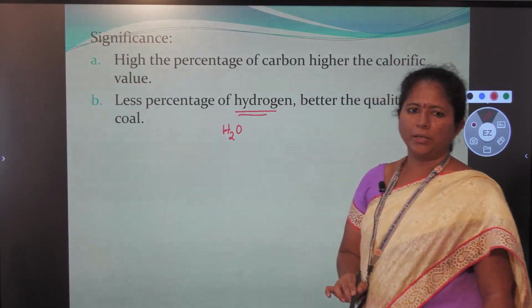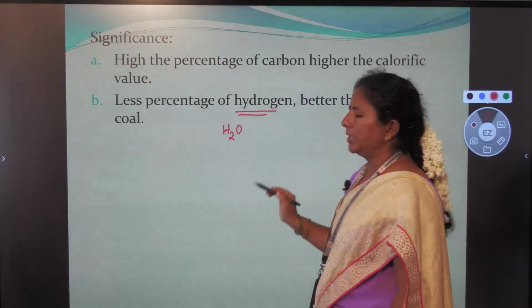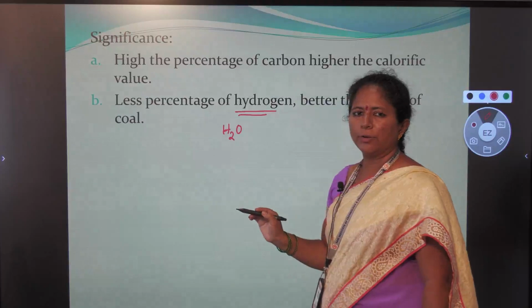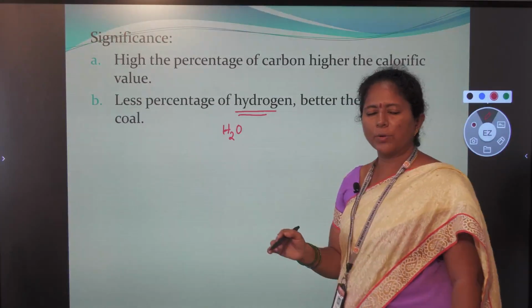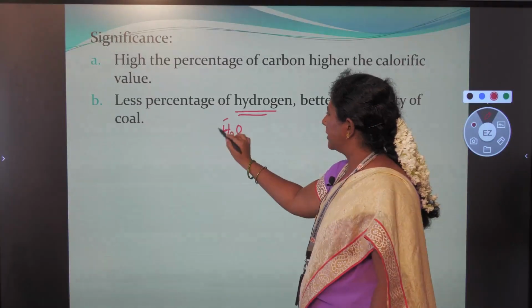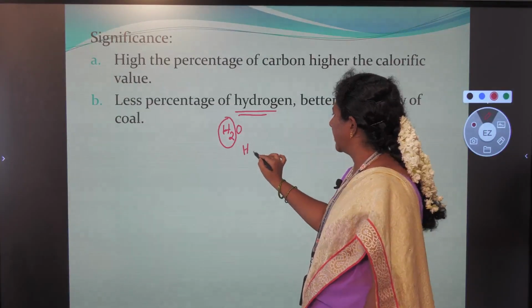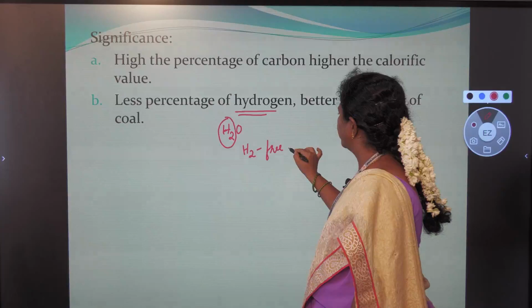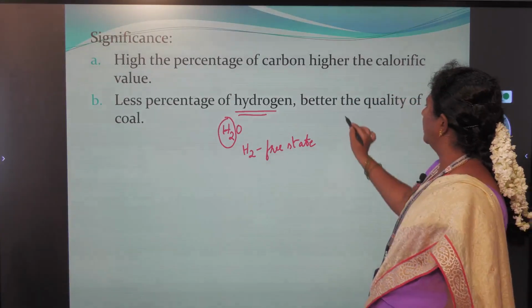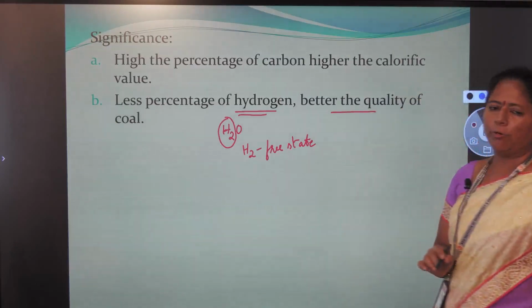This on burning forms steam, thereby reduces the calorific value. Why means the calorific value of any fuel depends on the hydrogen which is existing in free state. That's why less percentage of hydrogen, better the quality of coal.